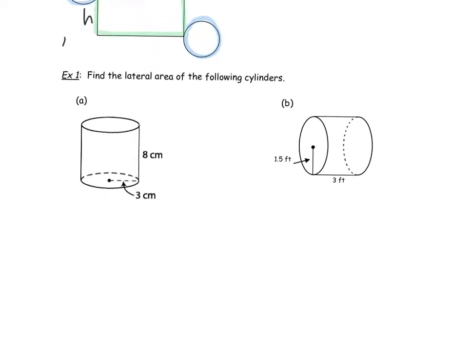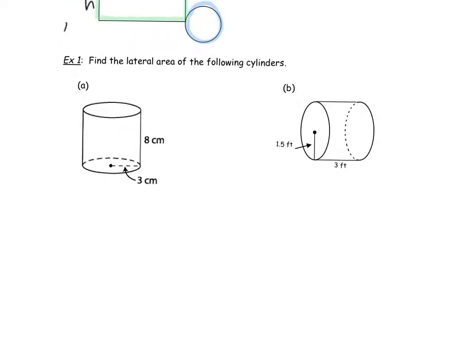Let's go ahead and use this in a couple examples. So we want to find the lateral area of our cylinders. So lateral area is 2 pi r h, where r is the radius and h is the height. The radius of our cylinder in the first example is 3, and the height is 8.